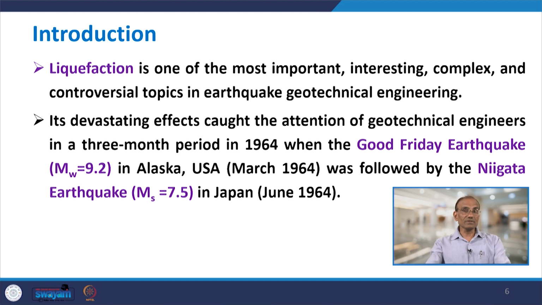It was followed just 3 months later by the Niigata earthquake with magnitude 7.5 in Japan in June 1964. So, in a span of 3 months, there were 2 major earthquakes, one of magnitude more than 9 and another more than 7.5, in what were at that time the two largest economies of the world, the United States and Japan.